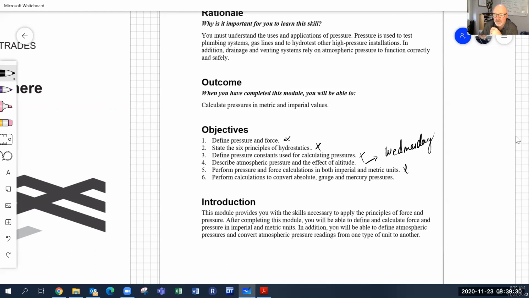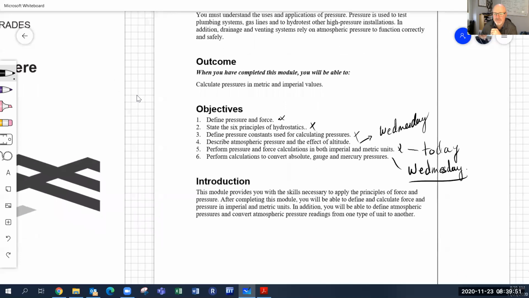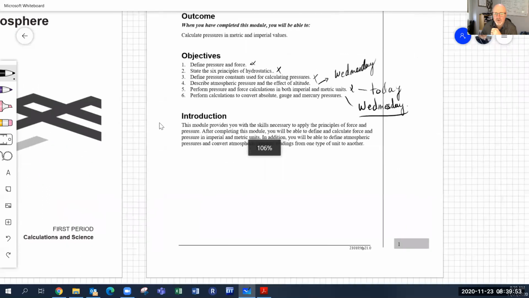And perform pressure calculations. We're going to start some of that today. And then perform calculations to convert absolute gauge and mercury pressures. That's almost positively Wednesday as well. Okay, so that's kind of how we're going to break down some of this stuff moving forward.